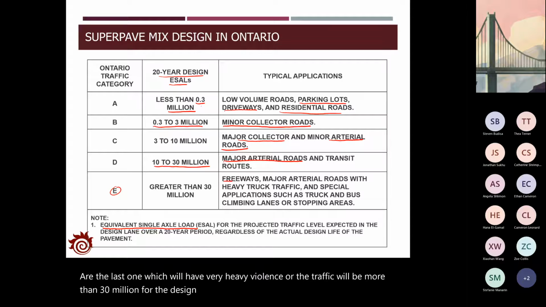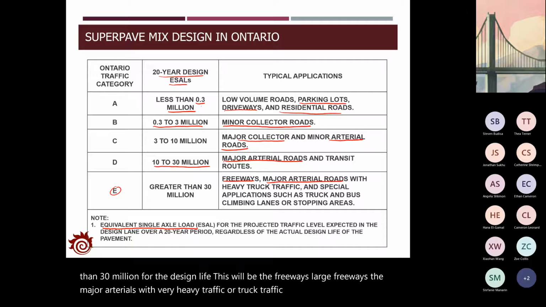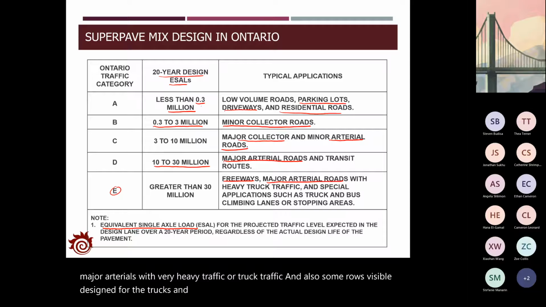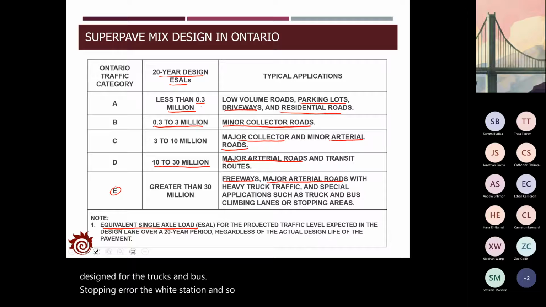This will be the freeways, the large freeways, the major arterial roads with very heavy truck traffic, and also some roads which were designed for trucks and buses, or some stopping areas, the wait stations, and so on. So this is the category of the traffic in Ontario.